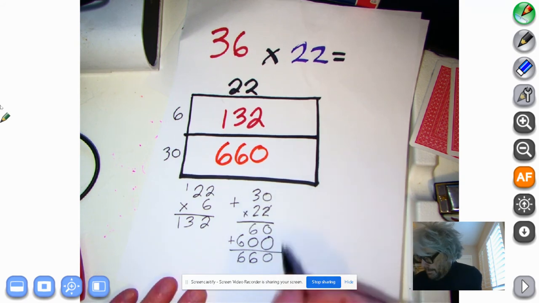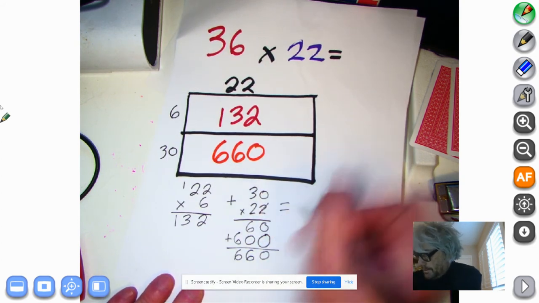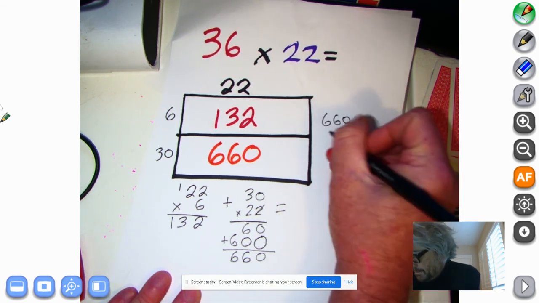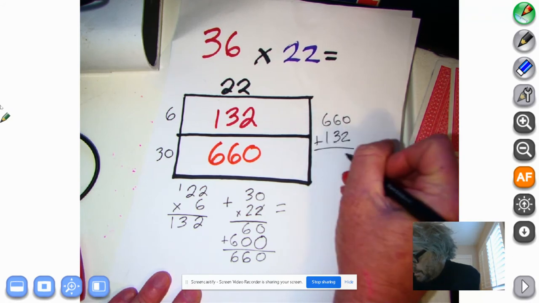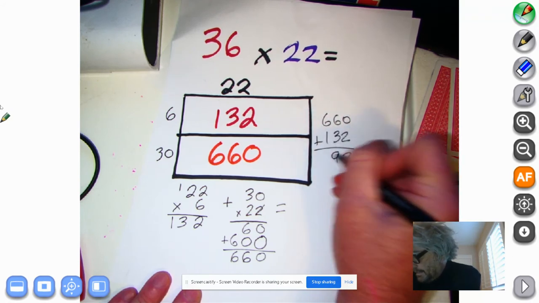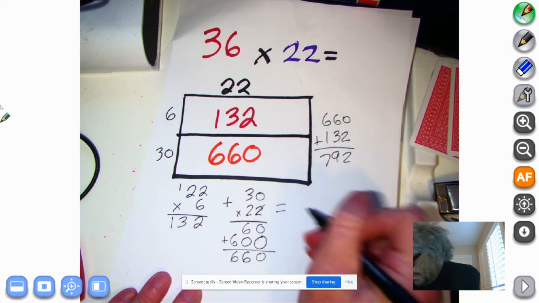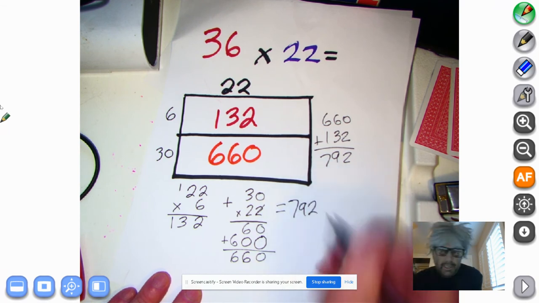We can add these all up. The 132 plus the 660, right? What's this going to equal? Let's find out up here. 660, I like to put the bigger number up top, plus 132 equals 2, 9, and 7. So 792, it looks like.